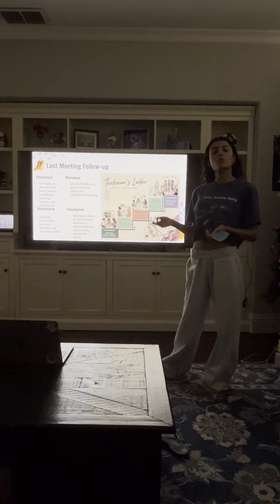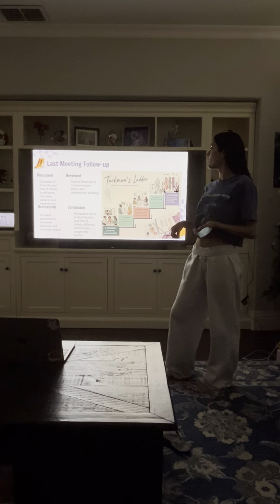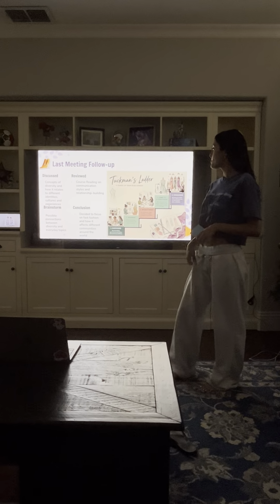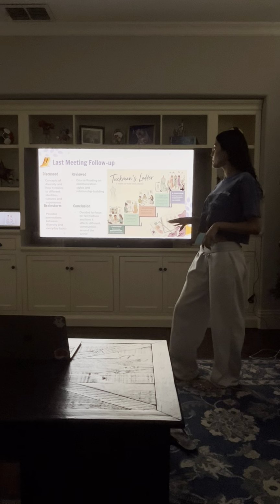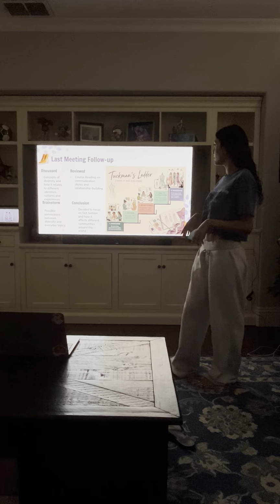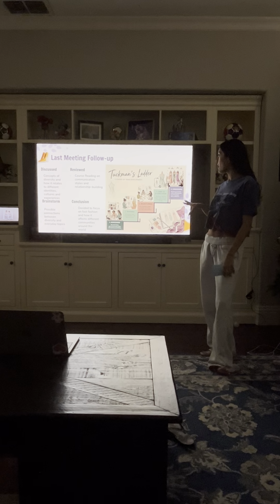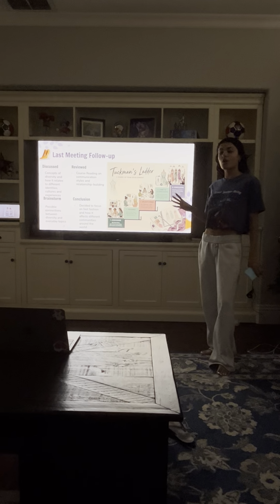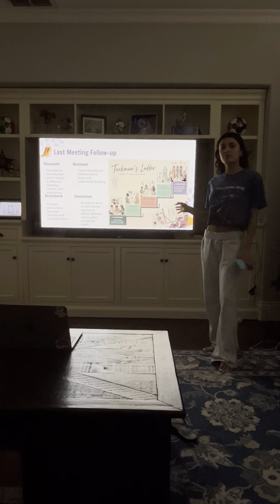We then reviewed our course reading, prioritizing women's communication and how styles and relationships all build together. And then we concluded for this meeting that we're going to focus more on fast fashion and how it affects different communities. I just wanted to point out I did upload a picture of our Tuckman's ladder. We have been using this throughout our unit and I hope to use this as our group moving forward.